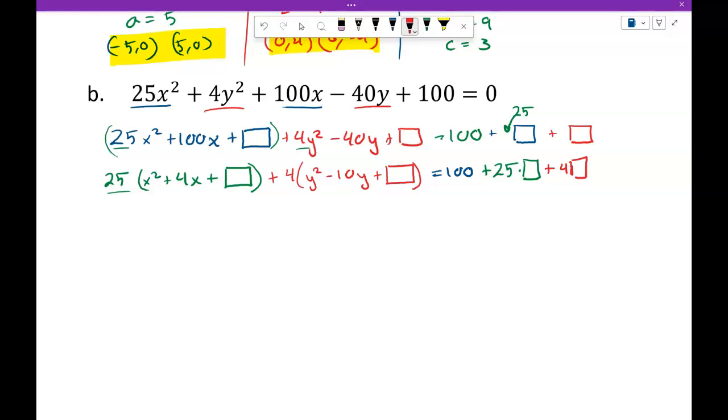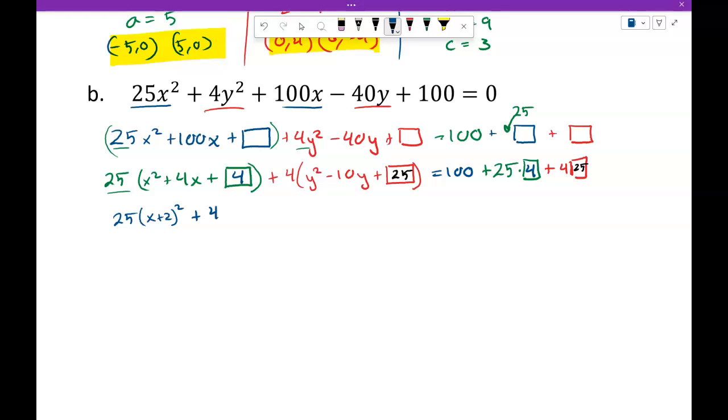Now we can go ahead and complete the square. 4 divided by 2 squared means we put 4 in both of these green boxes. And then 10 divided by 2 squared means we put 25 in both of these red boxes. And now we can factor and simplify. So we're left with 25 times (x plus 2) squared.